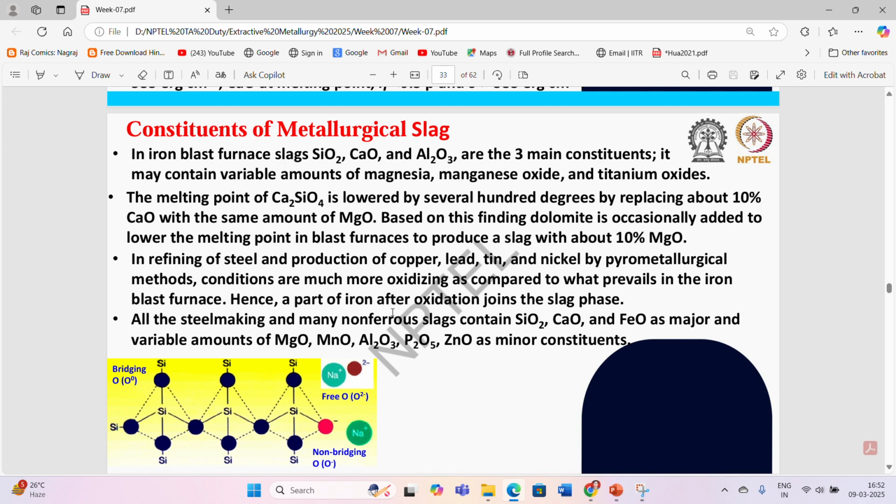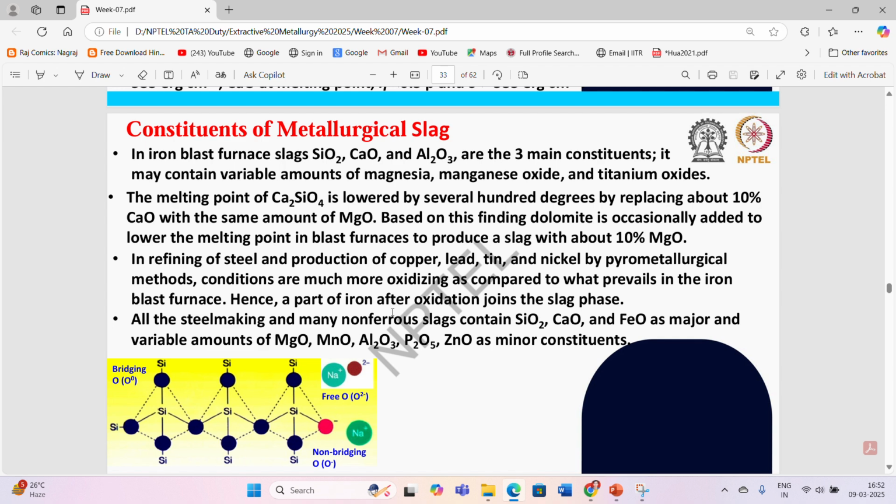So in refining, according to the metal which we want to produce, or the reactions happening inside that particular atmosphere, we have to create the slag accordingly.